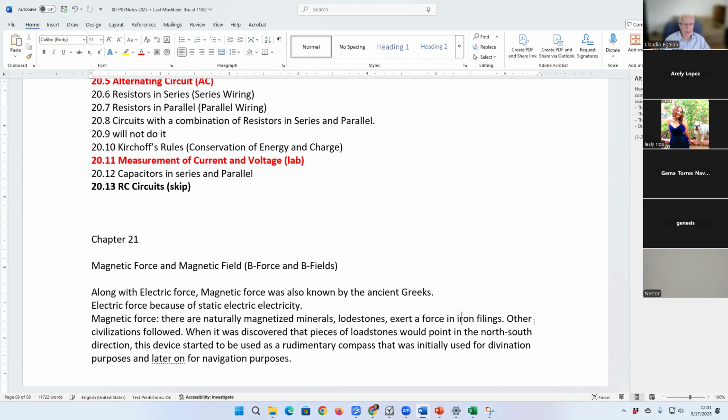So they started seeing that, thinking about why those stones attract iron filings, and making hypotheses about it.